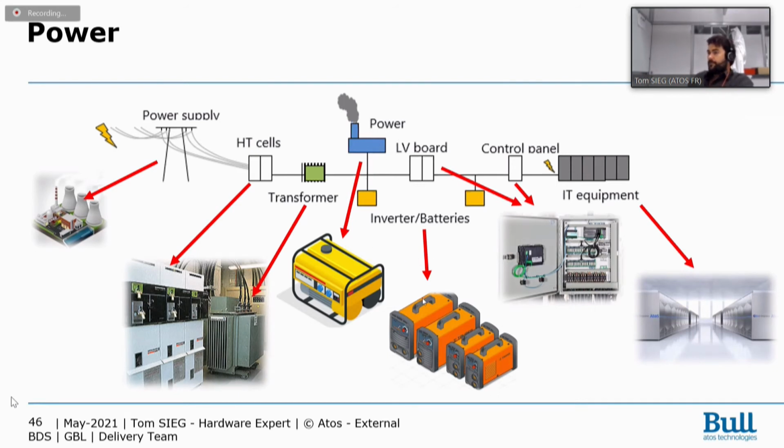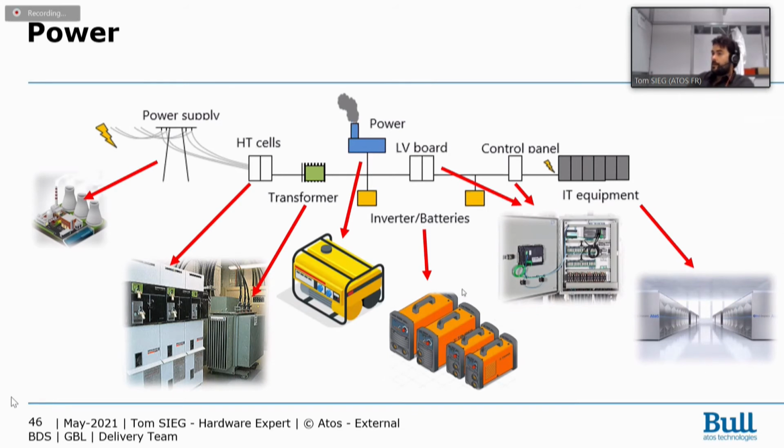Power generator and inverter and battery. Those parts depend on your power supplier. Again, if your power supply is not stable, if you are a critical business and if you don't want to lose any data, that is the gain.